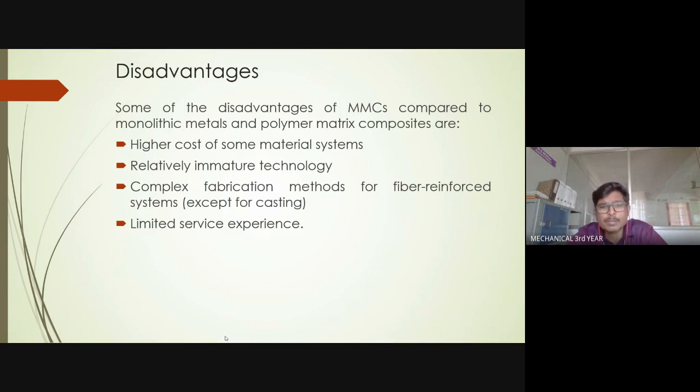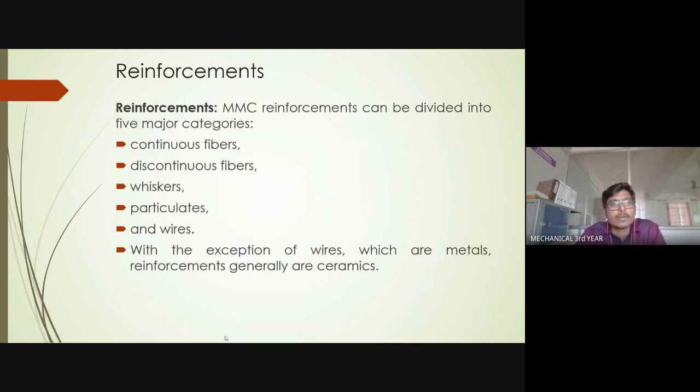So people are nowadays doing experiments related to metal matrix composites. So as I said before, it is not an established method of manufacturing.